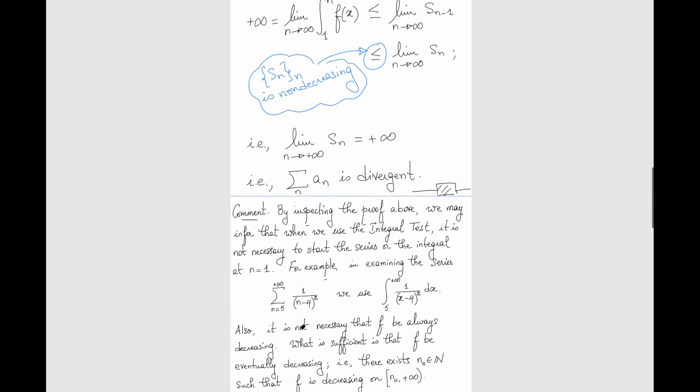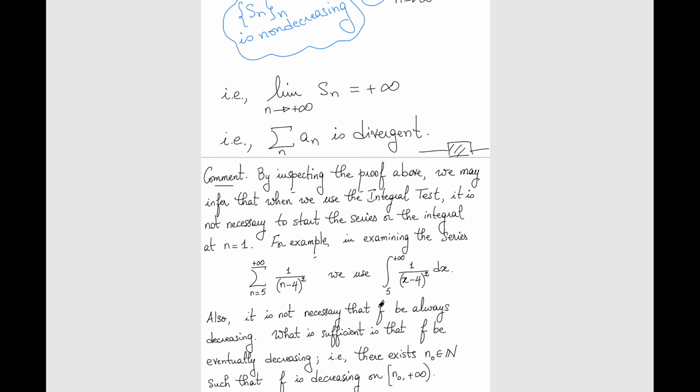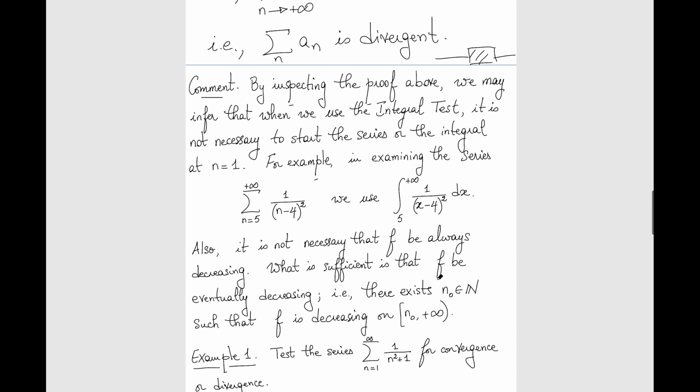Okay. Furthermore, the function is not necessarily required to be a decreasing function always. What's sufficient is that the function is eventually decreasing, meaning there exists some natural number n0 such that f starts being decreasing on the interval n0 to plus infinity.